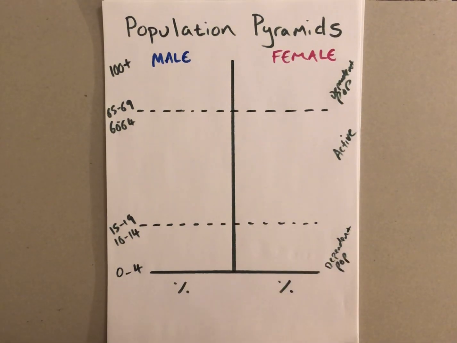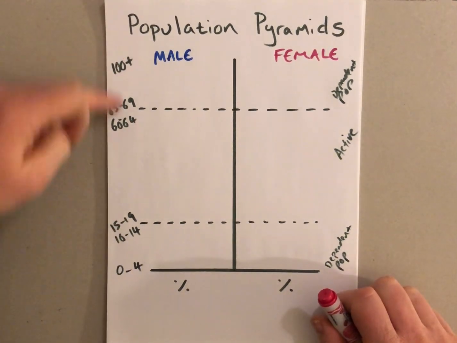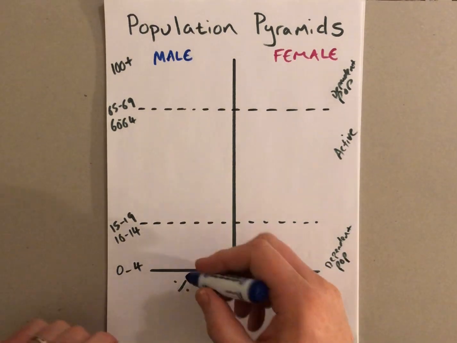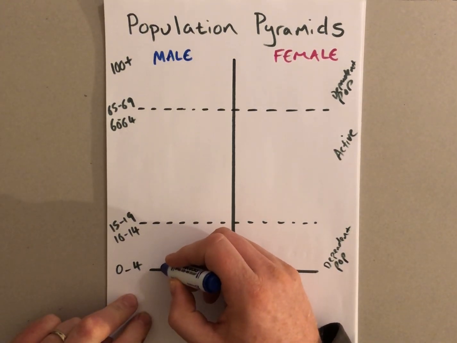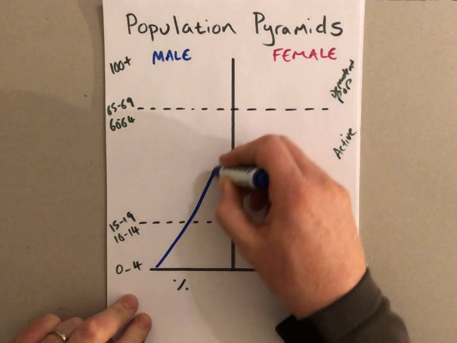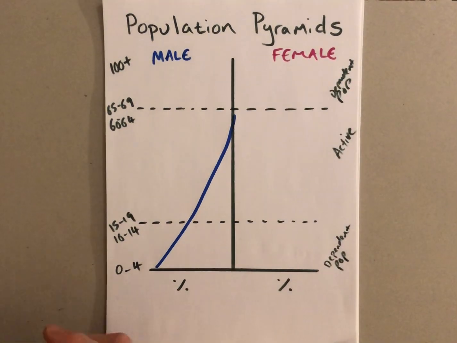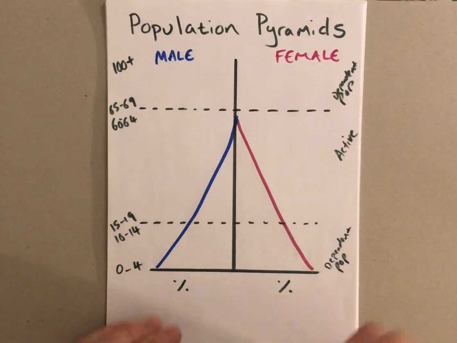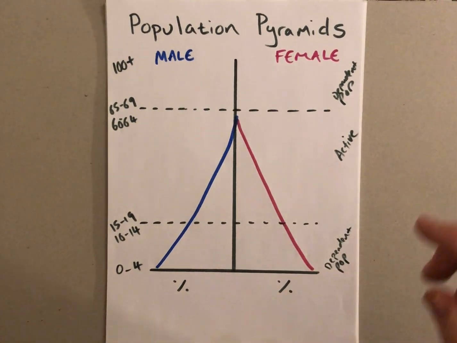How they're then shown is that it's drawn showing the proportion of ages up the side. And what we might see is a population structure that looks a bit like this. So it looks really, really triangular.